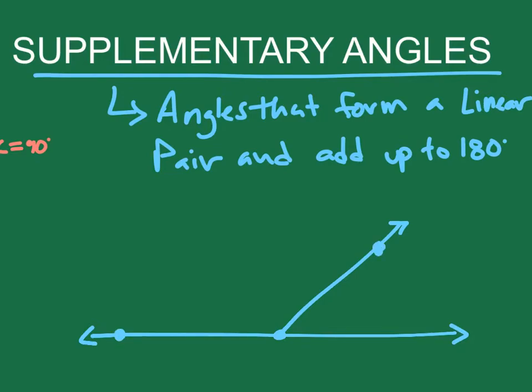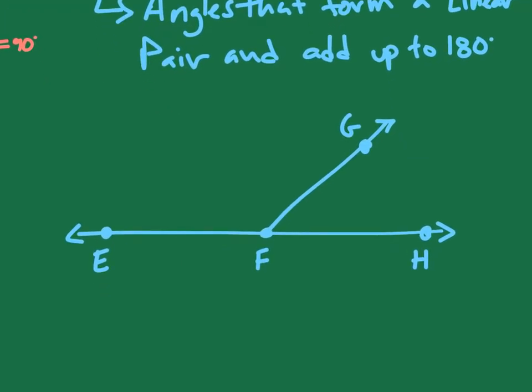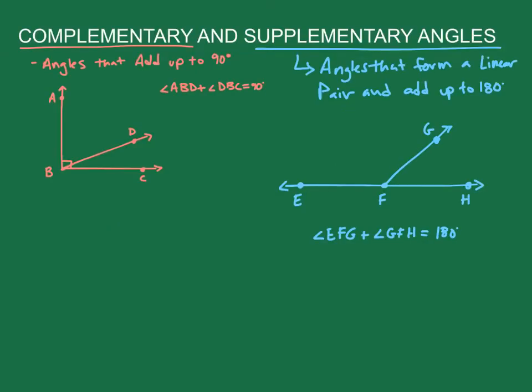And I'm going to put points down here, and I'm going to name this E, F, G, H. Now, because these angles are next to each other and they form a straight line, which is what a linear pair is, what I then know is that angle EFG plus angle GFH, these two angles add up to 180 degrees.